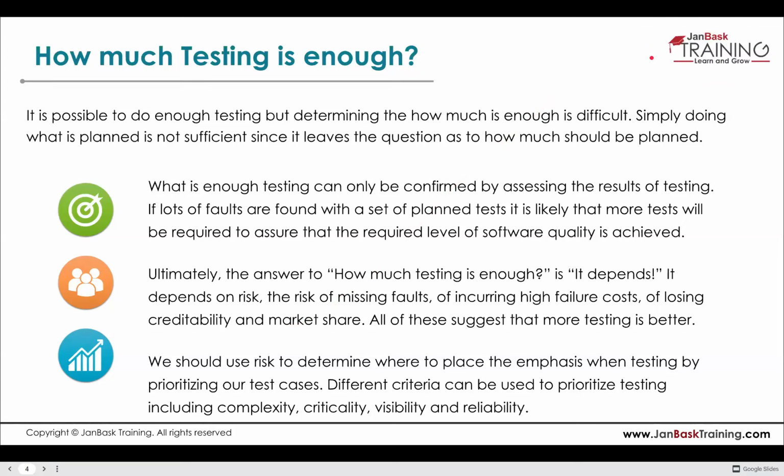So that is also a parameter: what kind of bug you are getting at the end of the release, and how you are dealing with it, whether the management decides to go ahead with the release with the bug or not. If the management decides that this bug is minor in nature and we can go ahead with the release, then you can stop your testing there.